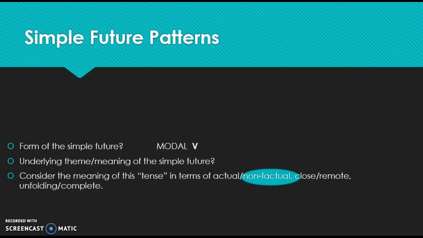The idea of close and remote depends on the modal, because if you say, I will see you tomorrow, that's a little closer than I would see you tomorrow. So it kind of varies inside of the modals that you choose. And there's not a reason to describe it as unfolding or complete.